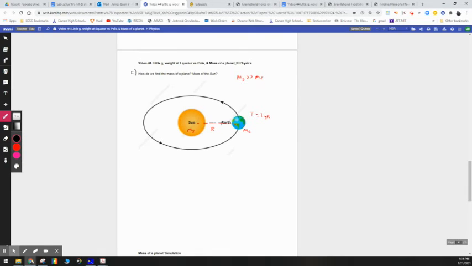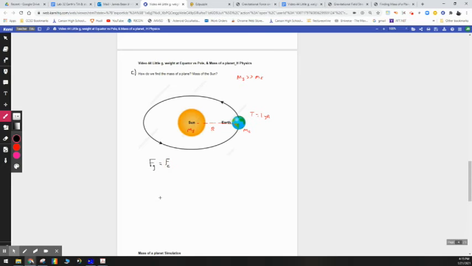As this thing orbits, what is keeping the Earth in circular orbit? It's the force of gravity, the gravitational force of attraction. So the force of gravity is supplying the centripetal force.